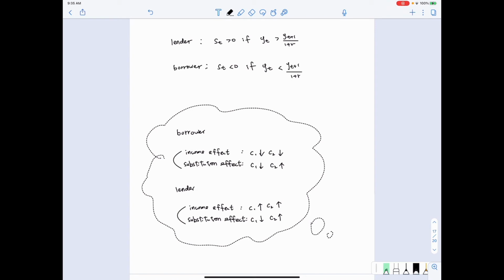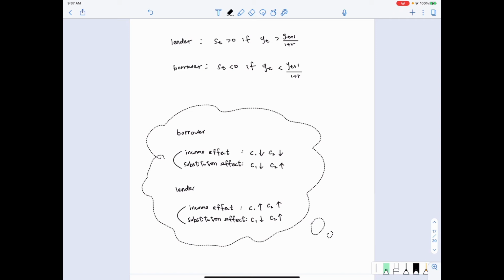However, even though the borrower for sure saved more in the first period, it doesn't mean that the borrower will be able to consume more in the second period. That is because when the borrower saves more, it implies that the borrower will borrow less.